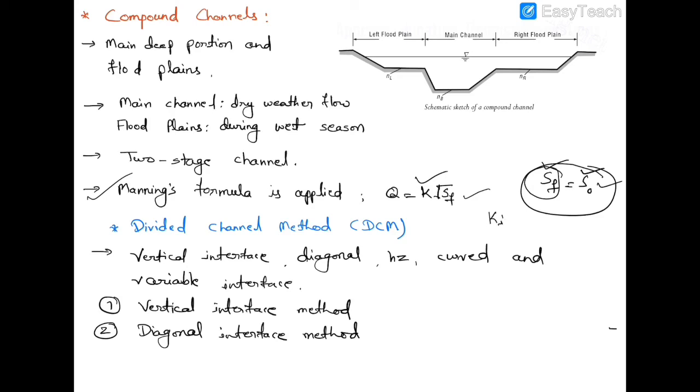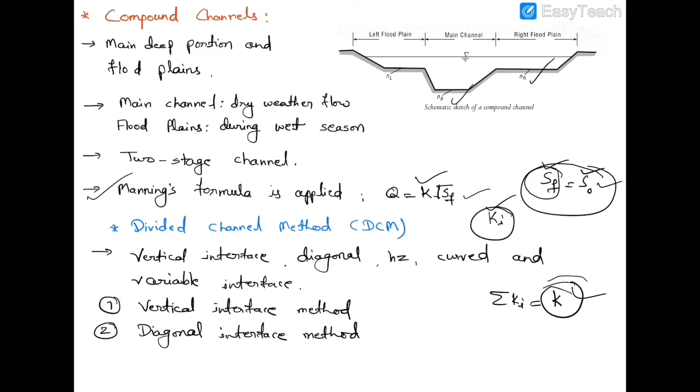The sum of the conveyances gives the total channel conveyance, means summation of Ki is equal to K, and this K we use to determine the discharge through the compound channel. Clear? Separately we need to calculate the conveyance to account for the different hydraulic conditions of the main channel and the floodplain, and we sum up all these conveyances to find a common conveyance, that is K, and this K we will use to find the discharge.